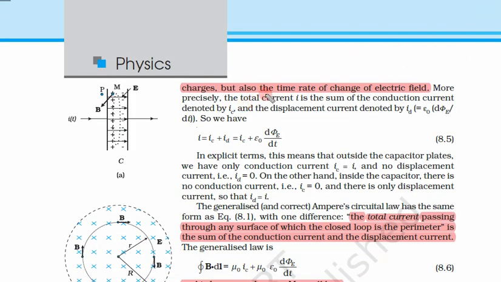Charges, but also the time rate of change of electric field, which we have said this is displacement current. So what we have got? So we have got this new Ampere circuital law, B dot dl is not simply mu naught I. This I is now IC plus ID. So now we have changed with the total current.